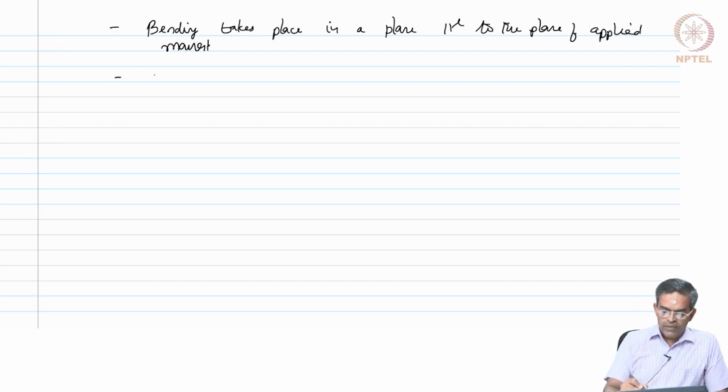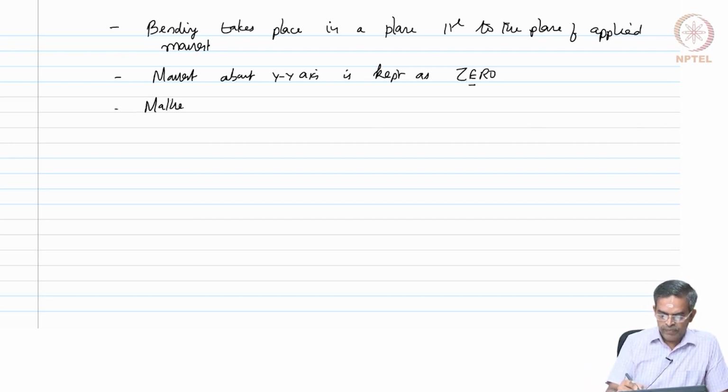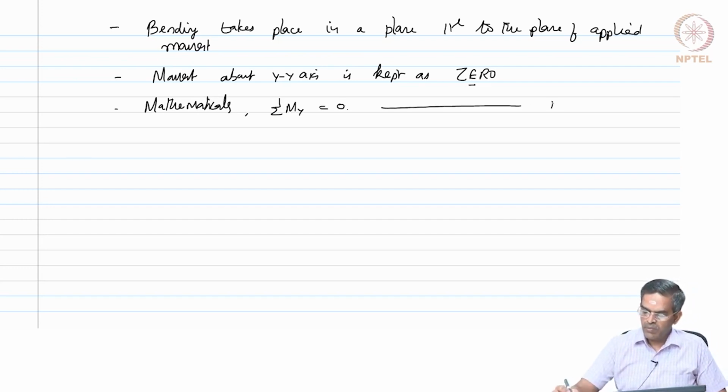So, therefore, friends, we know that moment about y axis is kept as 0. Mathematically, algebraic sum of moments about y is 0. We call this equation number 1.